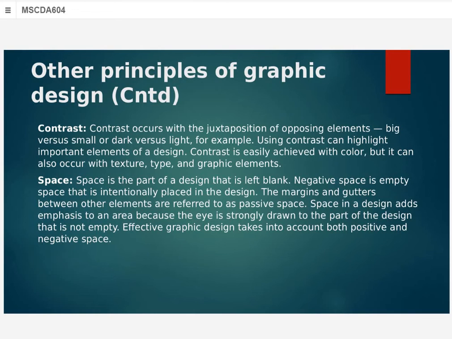It can come in terms of color contrast, texture contrast, contrasting in graphics elements and graphic types. Then space is the part of design that is left blank. Negative space is empty space that is intentionally placed in the design.